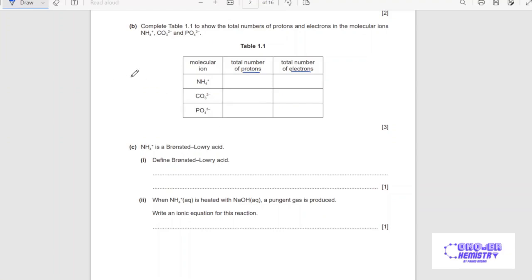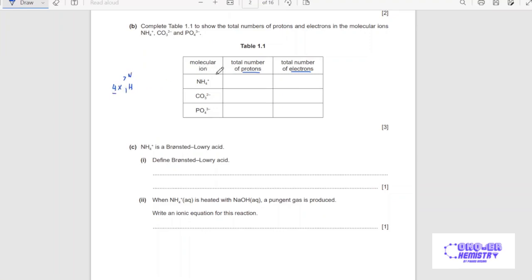Right, now for number of protons, you're going to look at the proton numbers of the elements involved in the molecular ion. For example, for NH4+, nitrogen has a proton number of 7, and hydrogen has a proton number of 1. Since there are 4 hydrogens, you're going to multiply the proton number of hydrogen by 4.